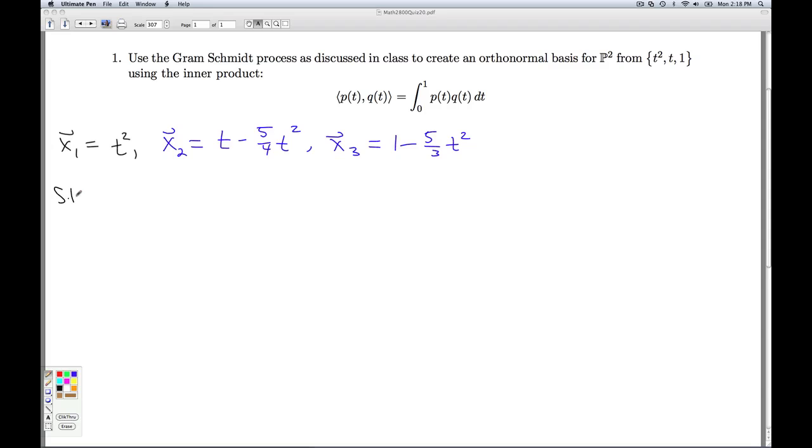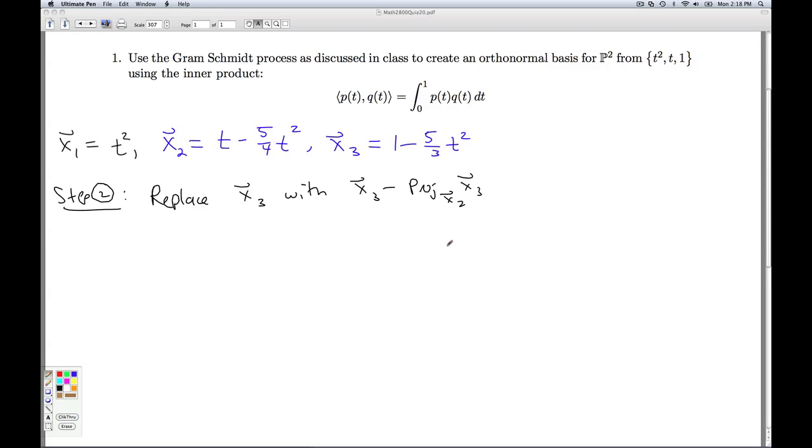Now we're ready to move on to step 2, which is to orthogonalize x3 with respect to x2. So I'm going to replace x3 with x3 minus its projection onto x2. And as we saw in a previous checkpoint quiz, doing this will not destroy the orthogonality we already have with x1.